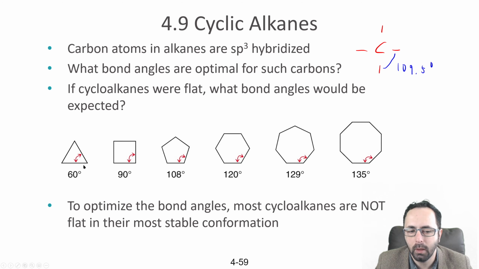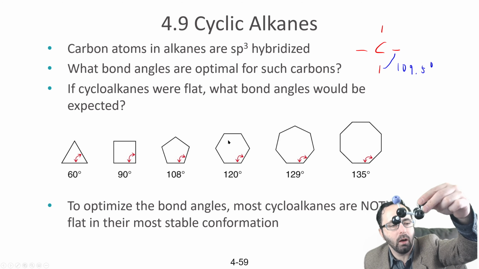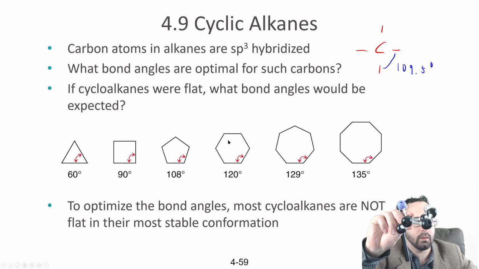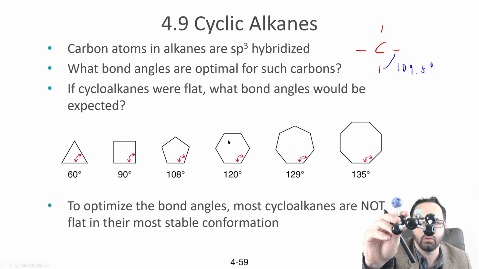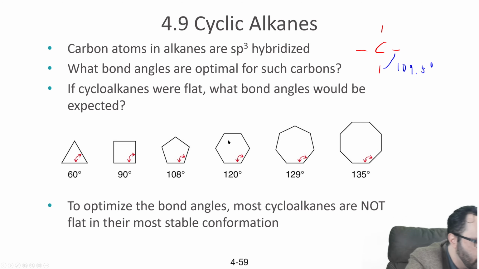Except for cyclopropane, there's really no way for it to go out of a flat arrangement. So cyclopropane is accurate, but the rest tend to pucker and make non-flat shapes. Here is what it looks like for cyclohexane. You get this non-flat type of shape.